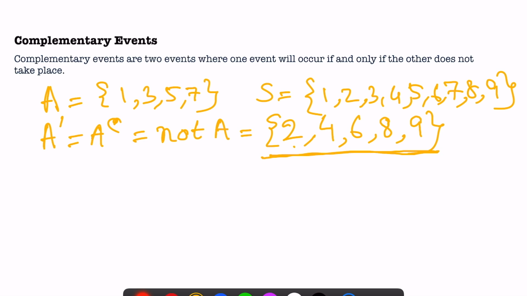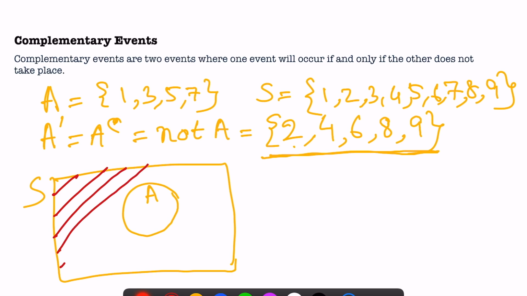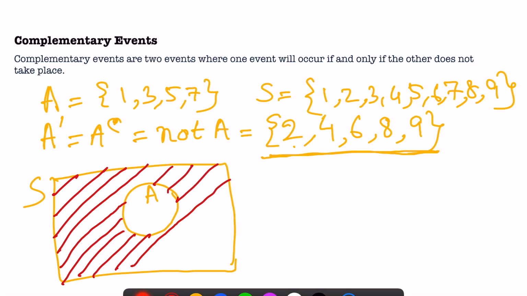So how do you represent this in a Venn diagram? If this is the sample space and this is the event A, then this shaded region is the complement of A. Right?